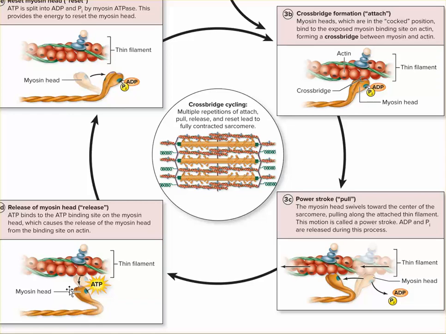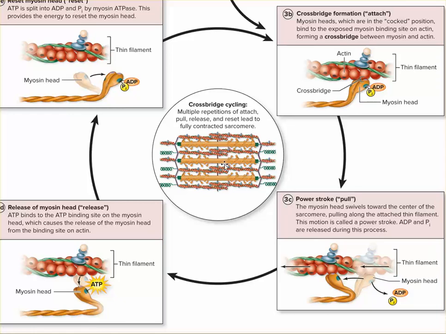When that happens, the ATP becomes ADP and P and gives its energy to the myosin head, which goes back into its high energy configuration. And this repeats as long as calcium is pulling the tropomyosin out of the way. And you will see that what ends up happening is all of these heads with the cross bridges have pulled the thin filaments towards the M line, towards the middle of the sarcomere.